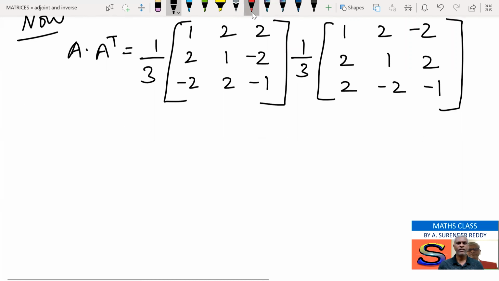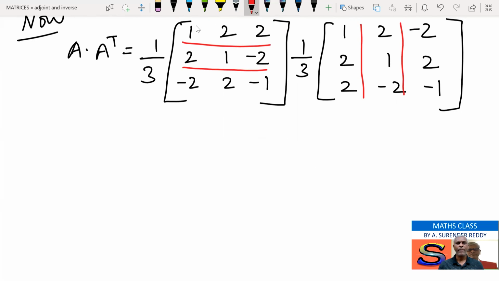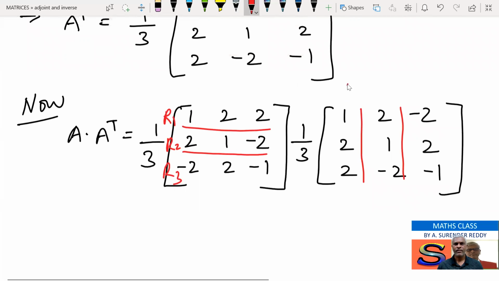And what is the procedure? Take the rows in the first matrix and columns in the second matrix. So R1, R2, R3, and in this one C1 first column, second column, third column. Take the first row and multiply with C1, C2, C3.